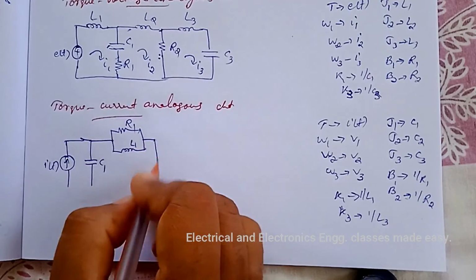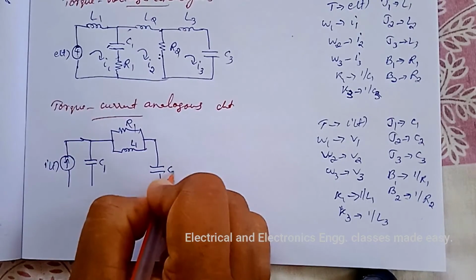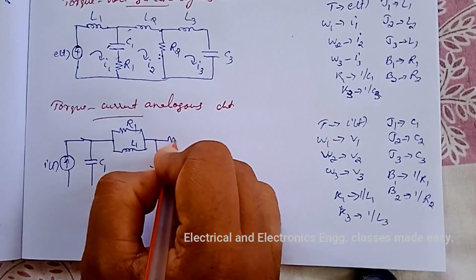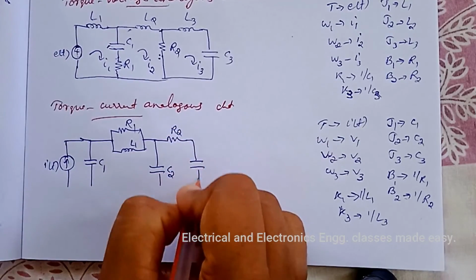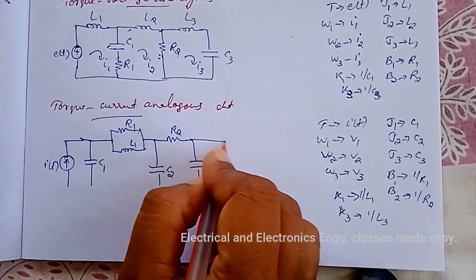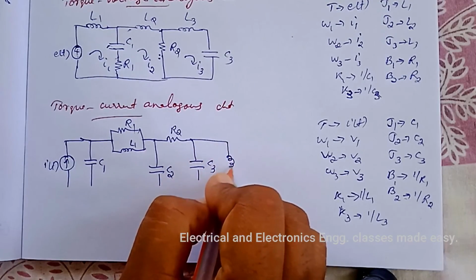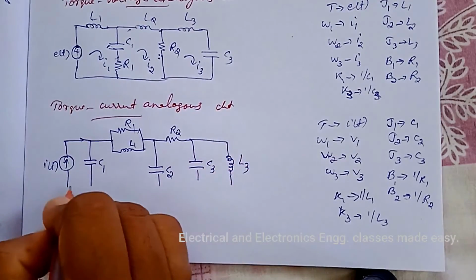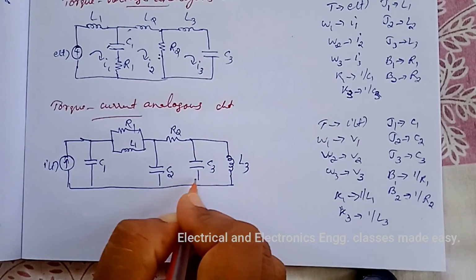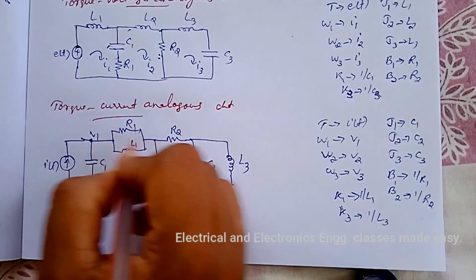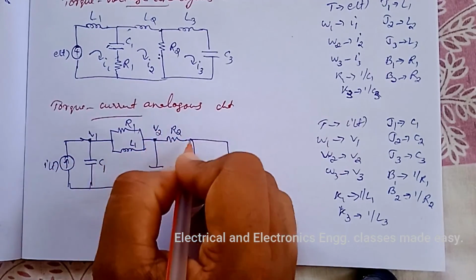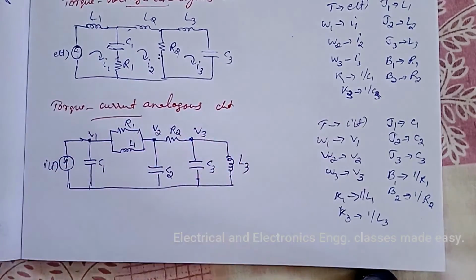Then in the second one there is C2, then R2 is common, then C3 and L3 are there. So this is the torque current analogous circuit, and this is V1 and this is V2, then this is V3.